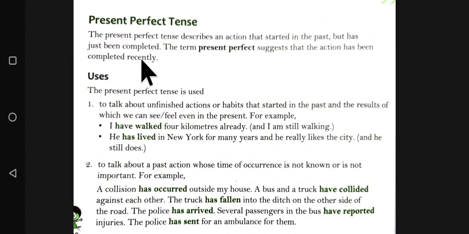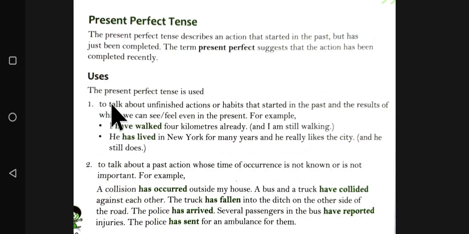Okay, so let's revise again. Present perfect tense describes an action that started in the past but has just been completed, or that has been completed recently.